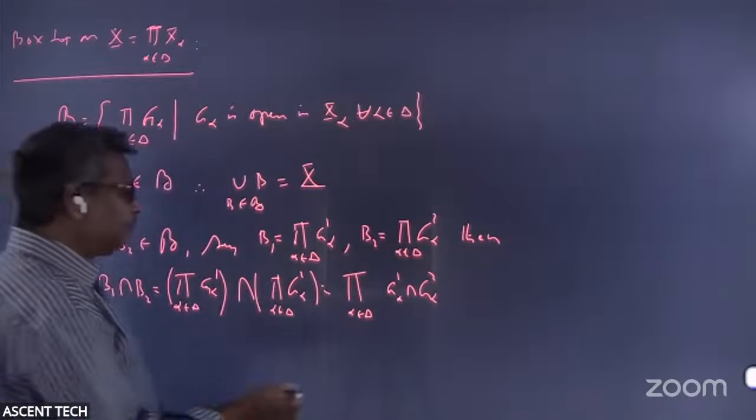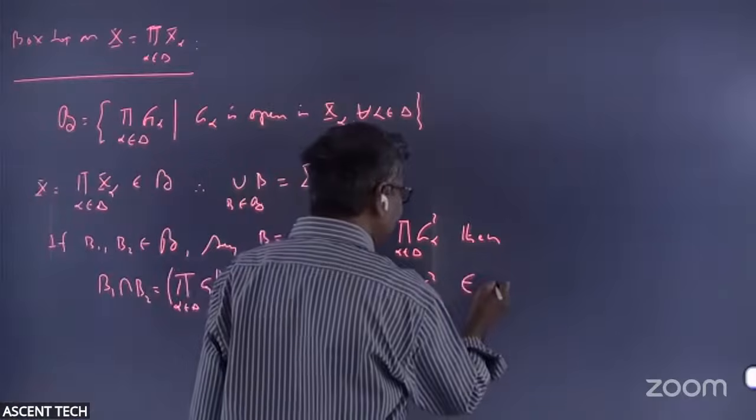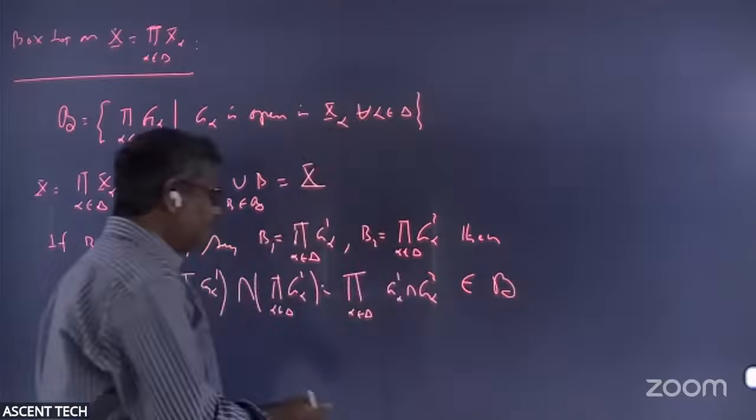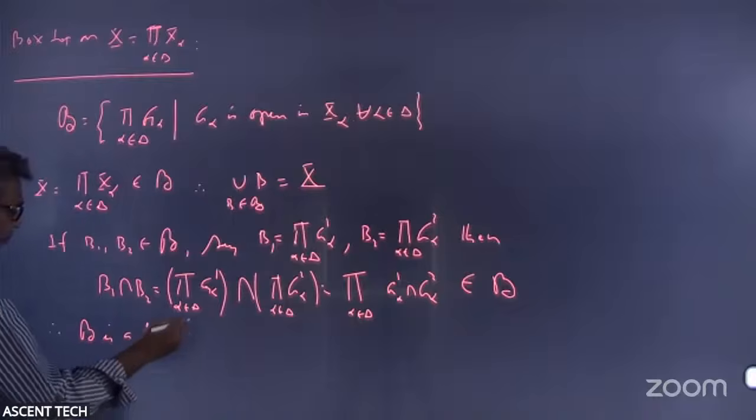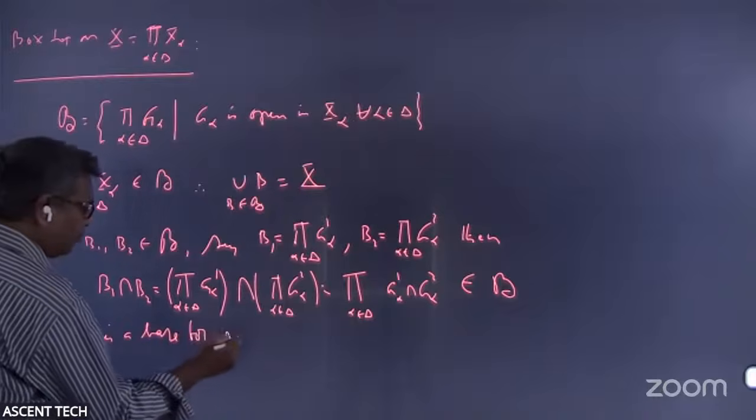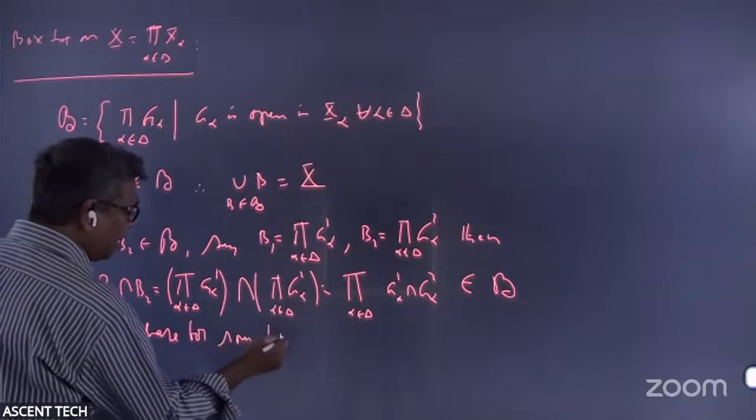This B1 intersection B2 itself is in B. There's no need to squeeze one. If you take an X, B3 is going to be B1 intersection B2 itself. So yes, these two conditions say therefore B is a base for some topology on X.